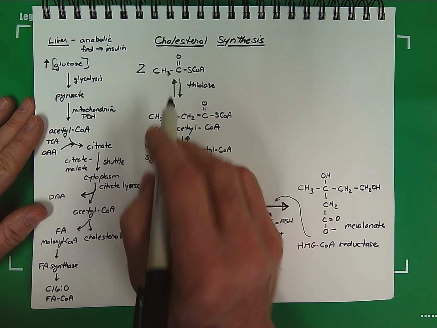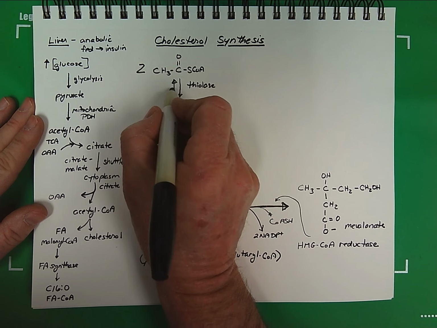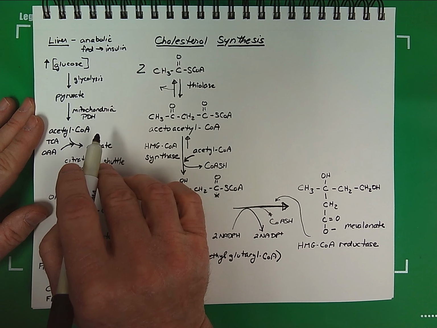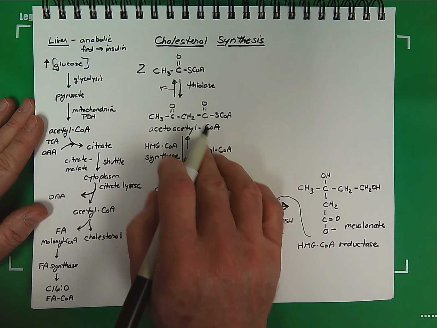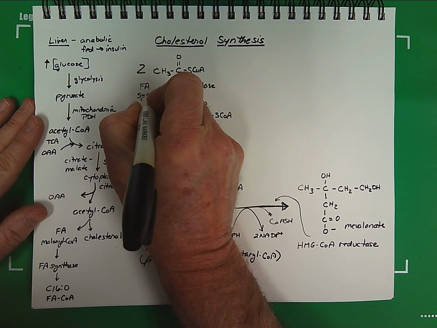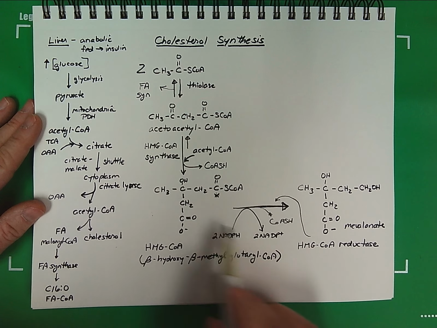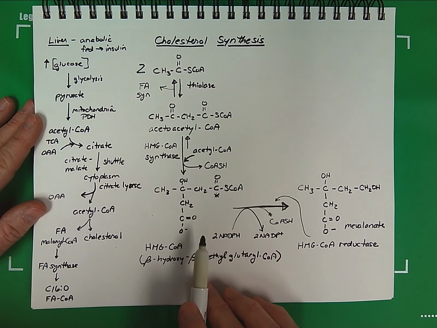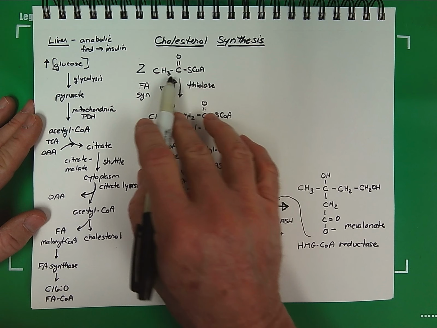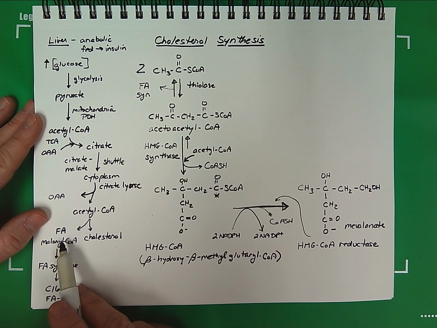If these are reversible, that means that ultimately with this reversal, these 2 acetyl-CoAs, along with the third one, can be put into fatty acid synthesis. So essentially, we will not be building up any toxic intermediates, but we have a way to get rid of our intermediates by shunting them into another pathway.